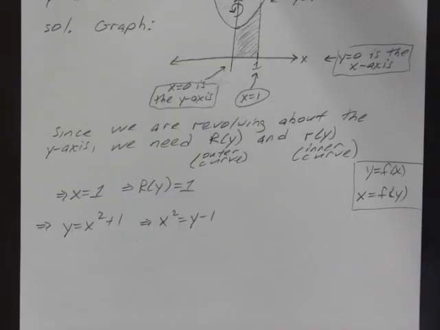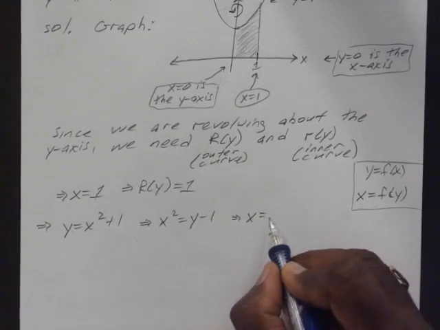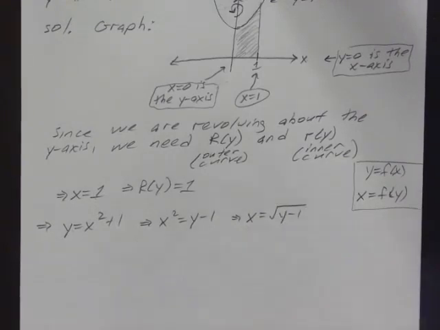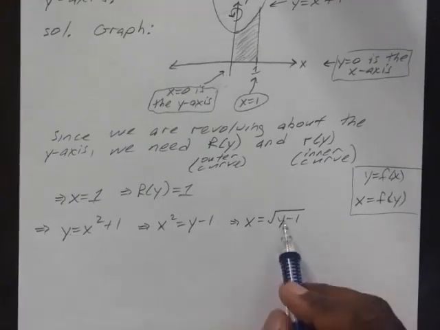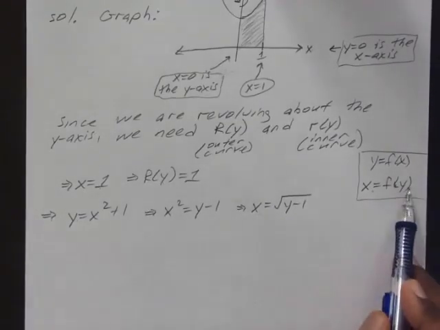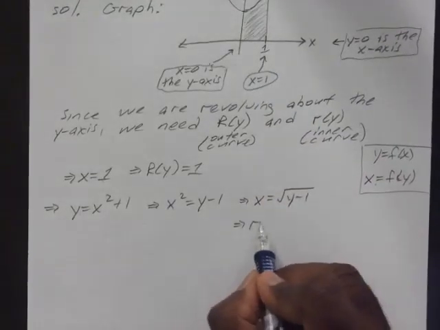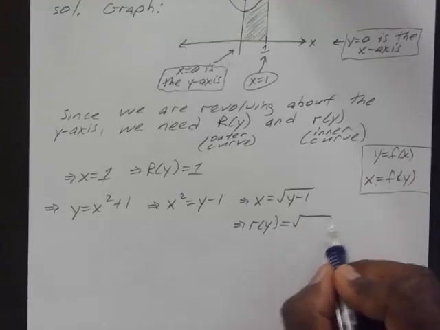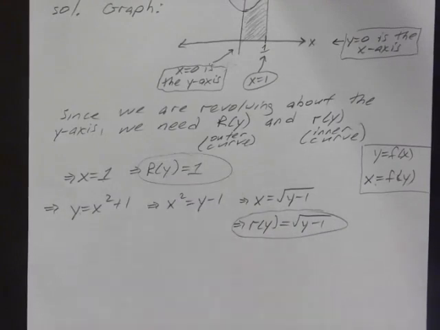So if we square root both sides, we get x is equal to the square root of y minus 1. Okay, so again, x is equal to a function of y, but in this case, since it is our inner function, we know that r of y is equal to the square root of y minus 1.